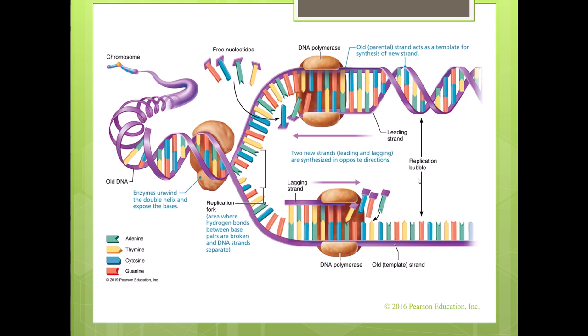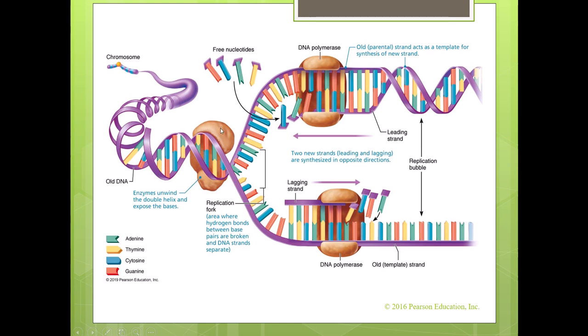Well, part of that process is, of course, replicating the DNA such that each daughter cell has the identical DNA. So here you can see our little chromosome, and here's the double helix of our DNA. Because the DNA is wrapped in this helical format, the first thing that has to happen is we have to unwind that helix.